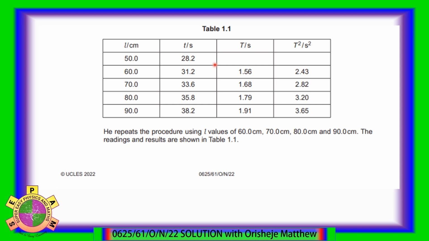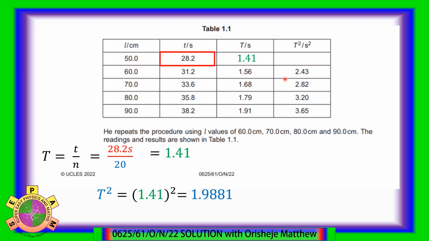For the first one, when the length of the pendulum is 50 cm, the pendulum took 28.2 seconds. So let's calculate the period. The period T is equal to small t over n. So that will give me 28 divided by 20, which is 1.41 seconds.